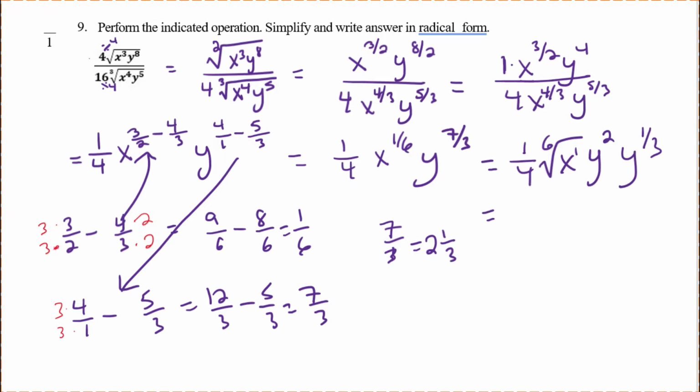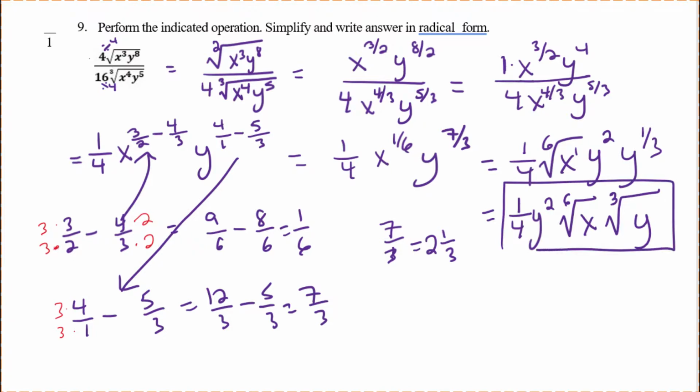So y to the 1/3 is simply cube root. So I'm going to put the y squared in front of the 1/4. We have 6√(x), and the y here becomes cube root. Remember, it's power over index, and the index is 3. All right, and that's your final answer.